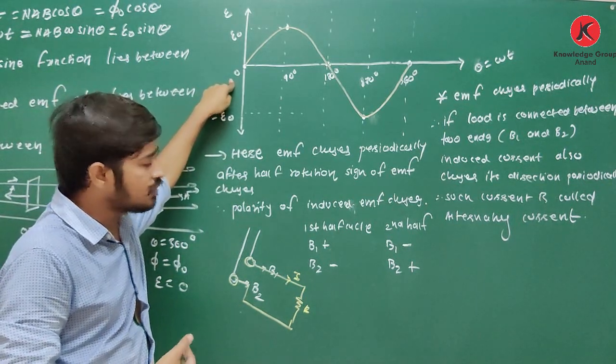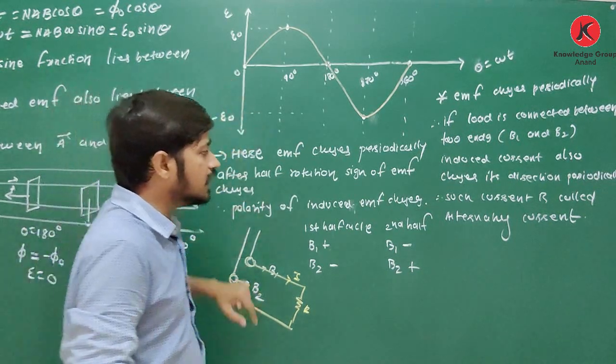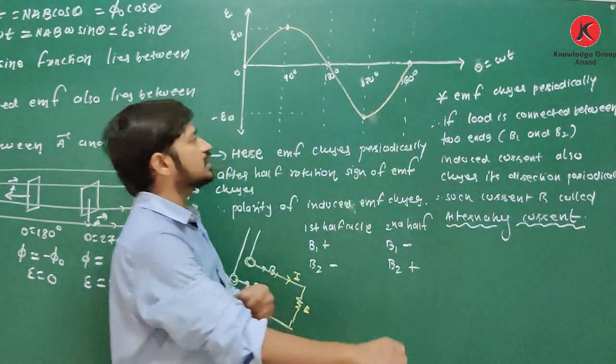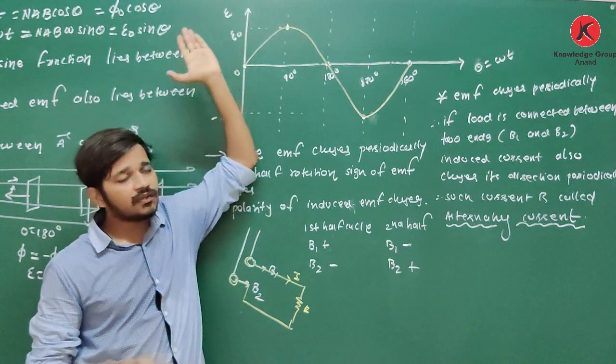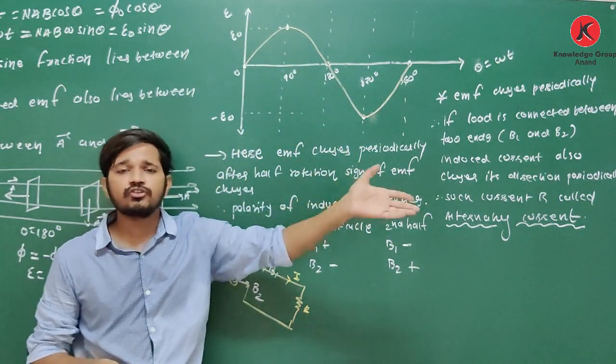From the graph of induced EMF we can also draw the graph of induced current, that is alternating current. It changes its direction. During the first half cycle if it is positive, then during the next half cycle it is negative, then again positive, negative.